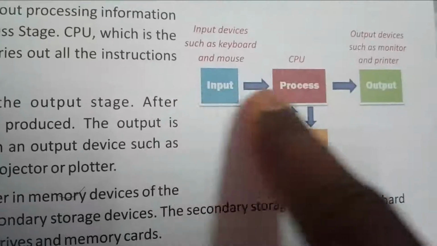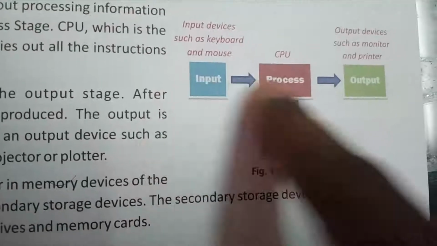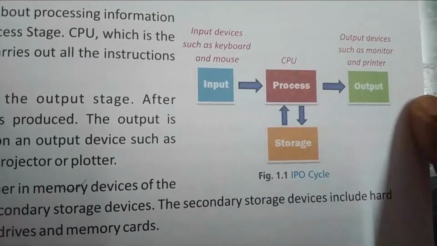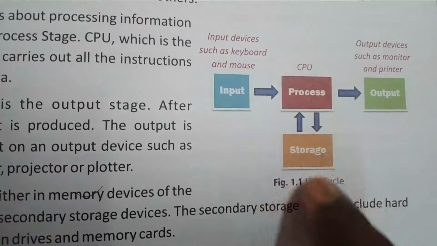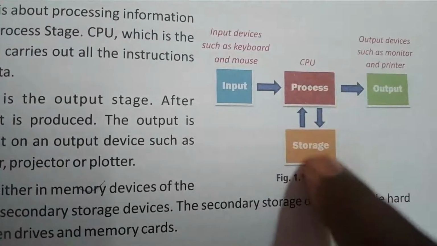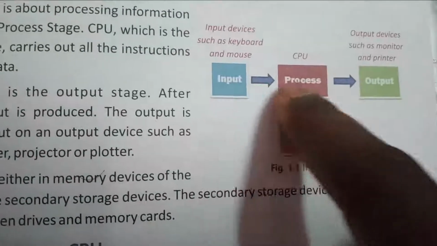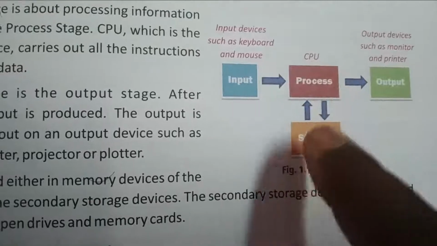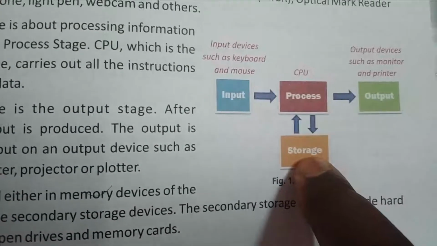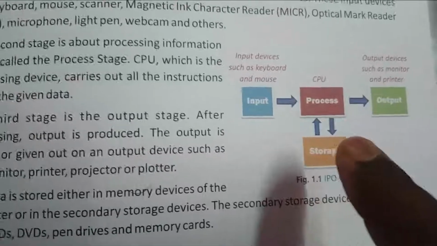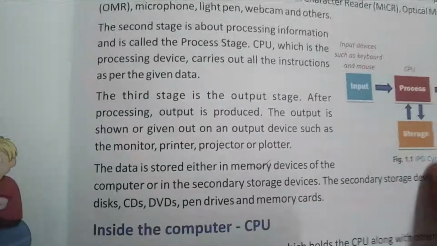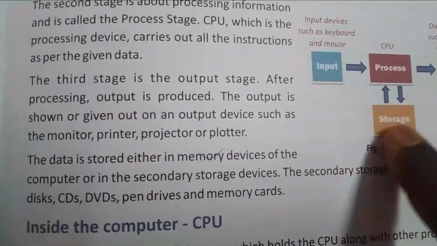See, these are the main three stages of the process, and in the middle of the process, data comes and goes because this is a storage system. Whatever data we give gets stored here. The storage system can be primary or secondary.